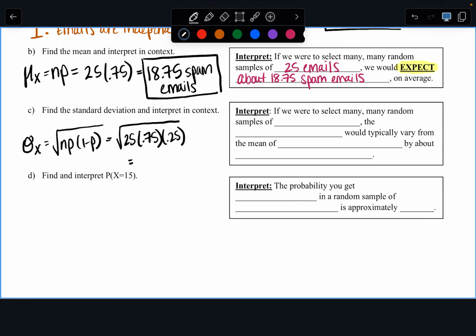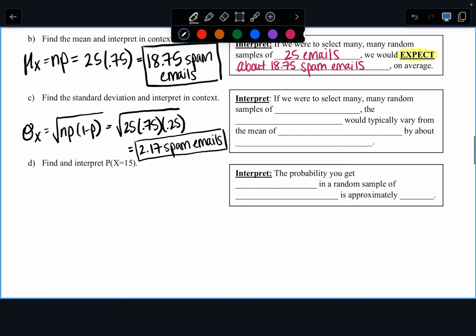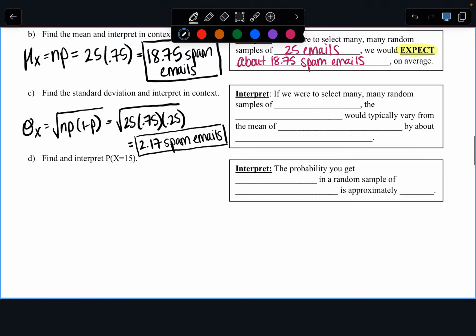And I'm going to get a standard deviation of 2.17 spam emails. Anytime you report a mean or a standard deviation, you cannot forget to include units, because when you write your interpretation sentence, they have to have units for it to make sense.